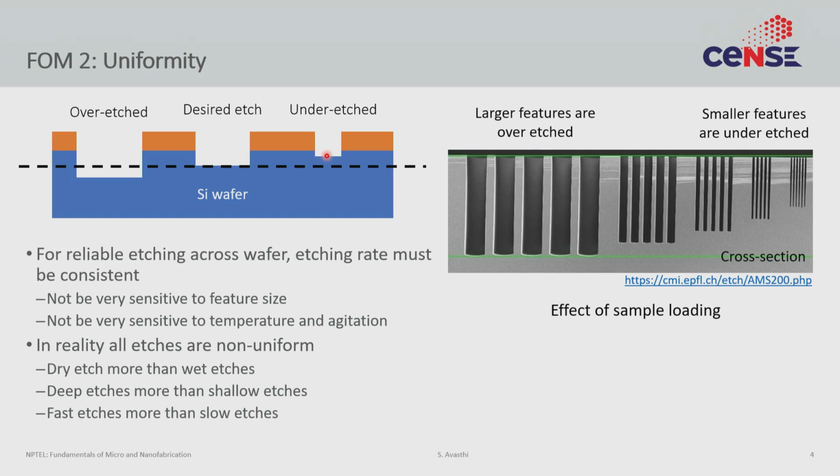And if this hole is very small, due to various effects such as surface tension, such as bubbles that might be forming or gas inclusions, it is often hard for an etching solution or etching plasma to get in, and that leads to lower etching rates when you are dealing with smaller feature sizes. If all the features on your wafer were the same, then this would not be so much of a problem.